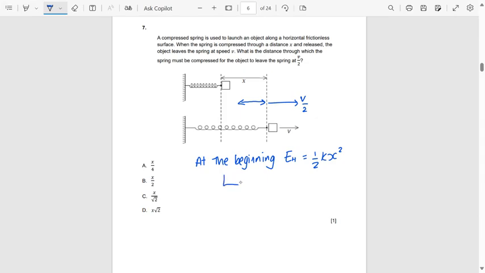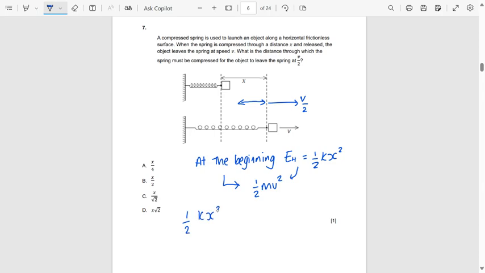Now, when that is released, all of that goes into kinetic energy. So we can see that we've got a relationship here between x and v. If we substitute v for v over 2, we should be able to see what happens to the x.